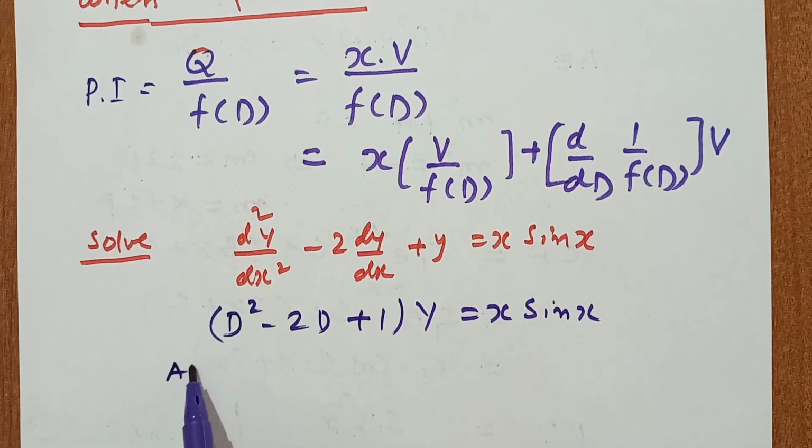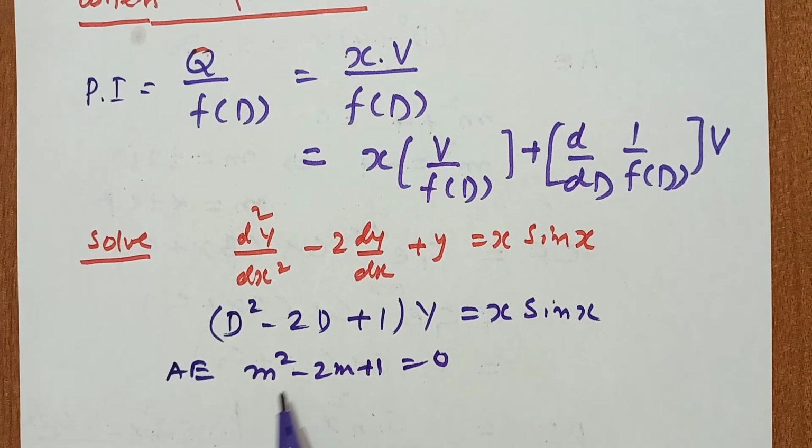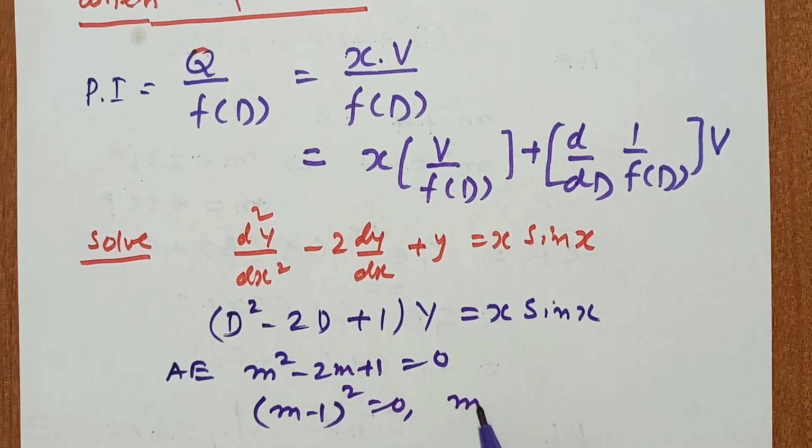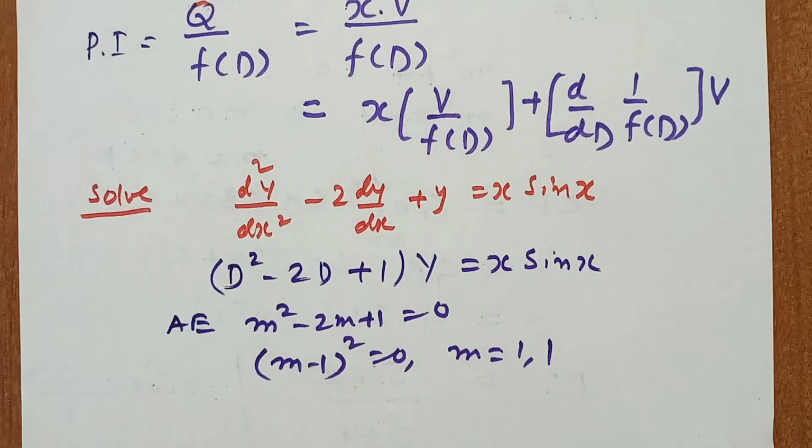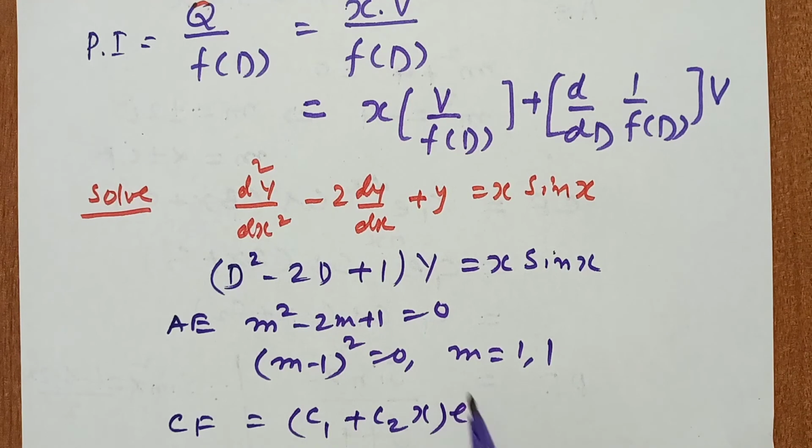So the auxiliary equation is m squared minus 2m plus 1 equal to 0, which is (m minus 1) whole square, means m is equal to 1, 1. So if roots are equal, then the complementary function is (c1 plus c2 x) e to the power 1x.